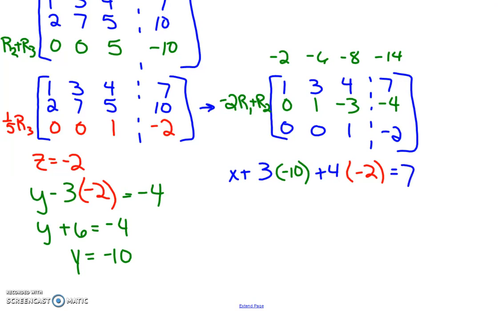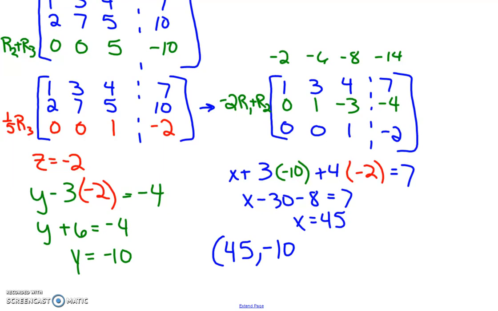And that was the original first equation. So x minus 30 minus 8 equals 7. So x equals 45. So our answer is the ordered triple of 45, negative 10, negative 2.